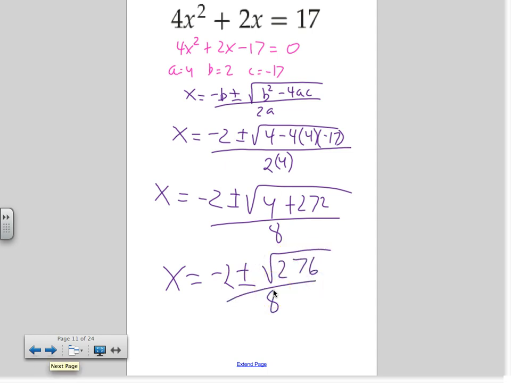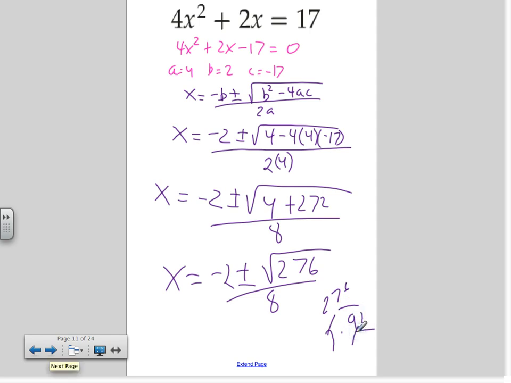What is the square root of 276? Is that a perfect square number? No. Okay, then we can just do it the best we can. Either get it back to a decimal number or leave it in simplified form. So we simplify 276. Let's break it down. What can we divide 276 by? We can divide by 3, right? 3 times 92.